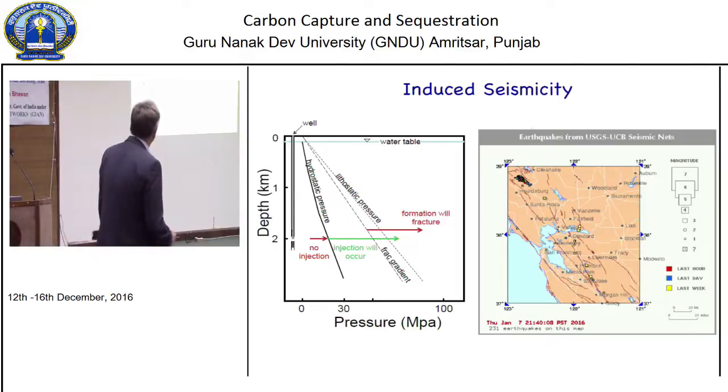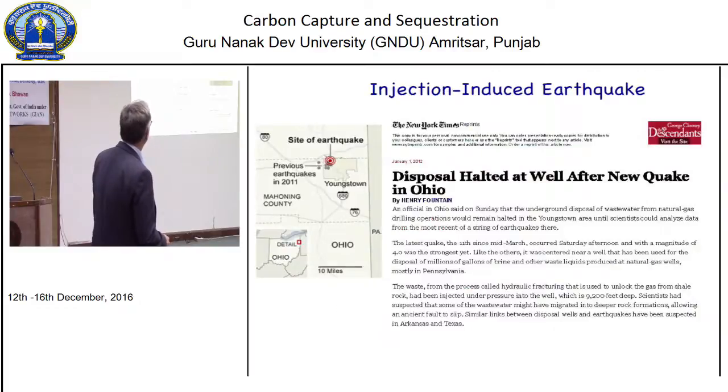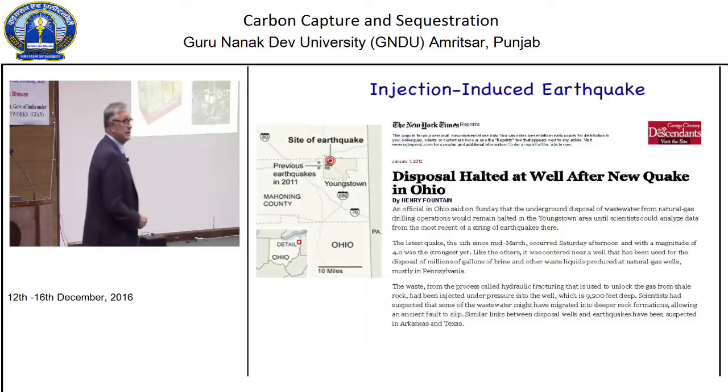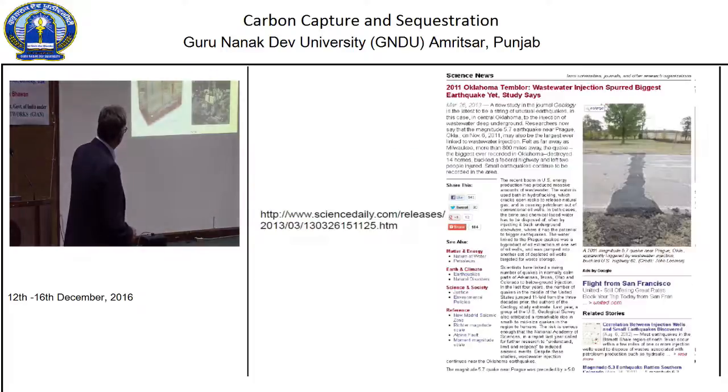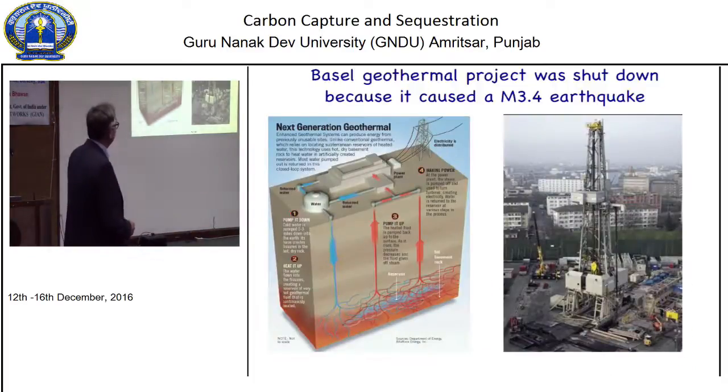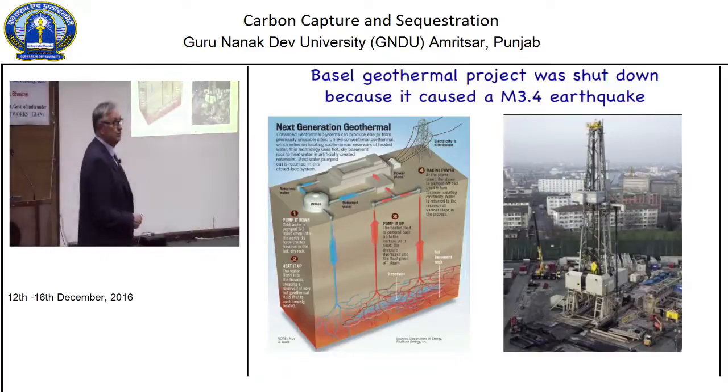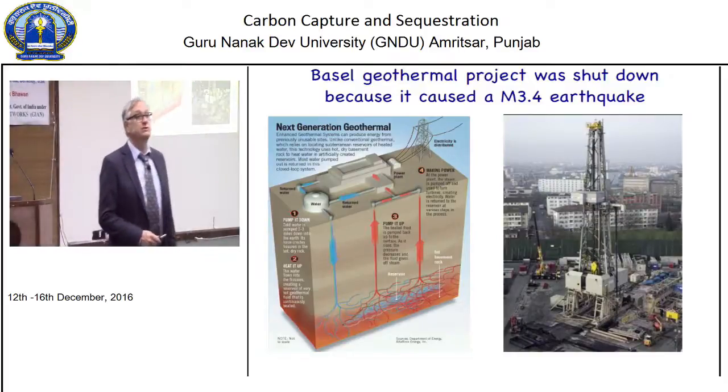Injection-induced earthquakes are also happening in Oklahoma, where a lot of fracking is occurring. It's also happening, here's another article about a huge, road-splitting earthquake. In Switzerland, in the city of Basel, they were using a great plan for geothermal generation. Cold water underground hits the hot rock, steam comes up, drives a generator, great idea. Magnitude 3.4 earthquake in the city of Basel, shut it down.